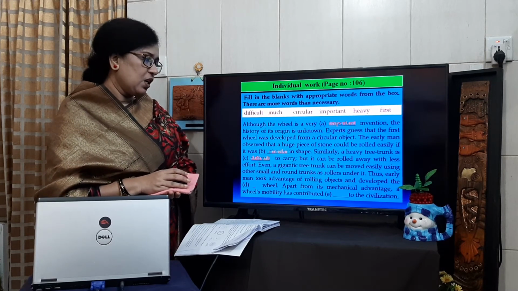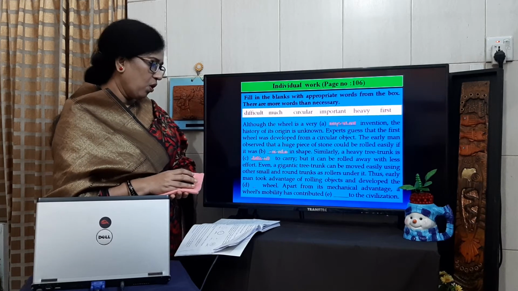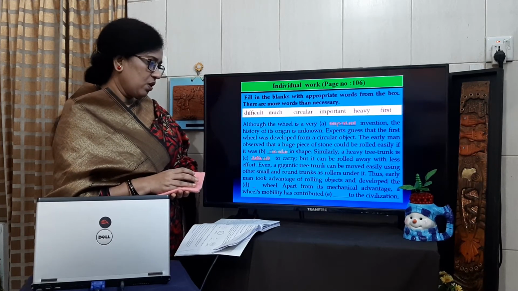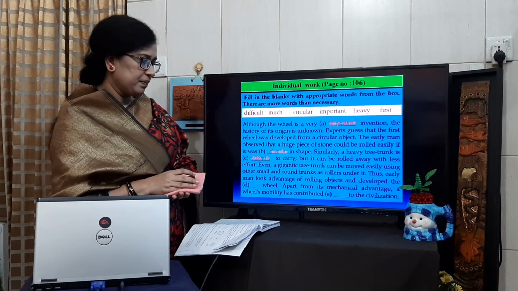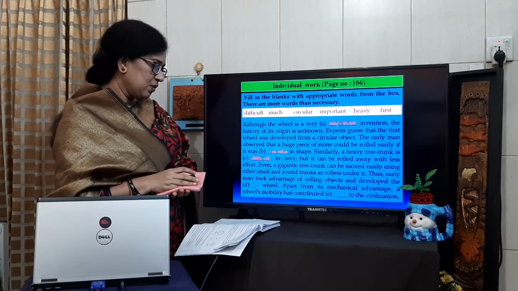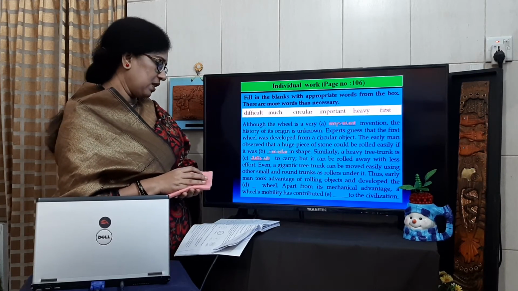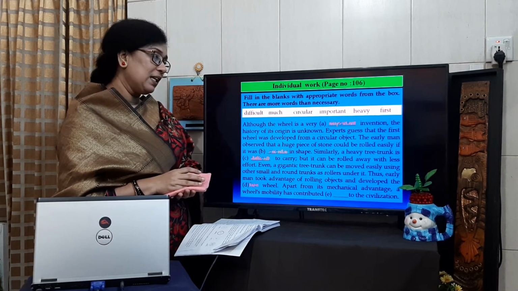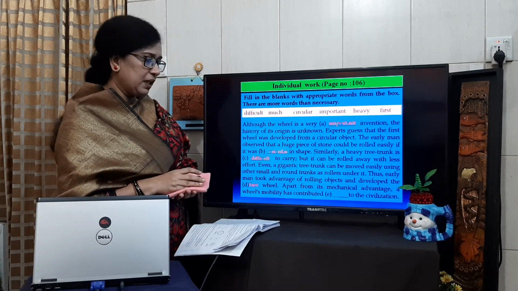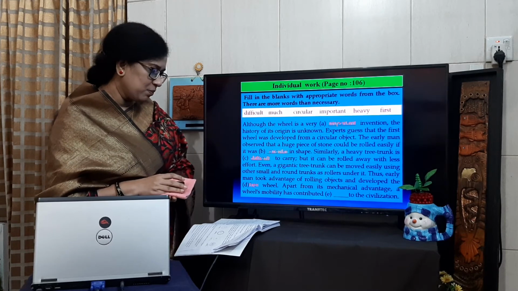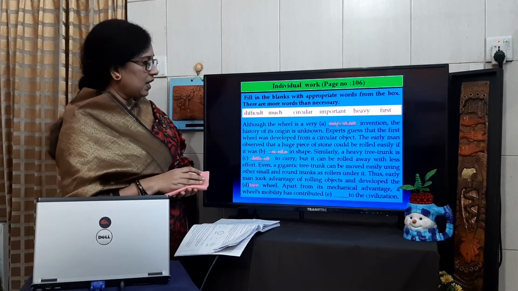Even a gigantic tree trunk can be moved easily using other small and round trunks as rollers under it. Thus, early men took advantage of rolling objects and developed the dash wheel, first wheel. Apart from its mechanical advantage, a wheel's mobility has contributed dash to the civilization.